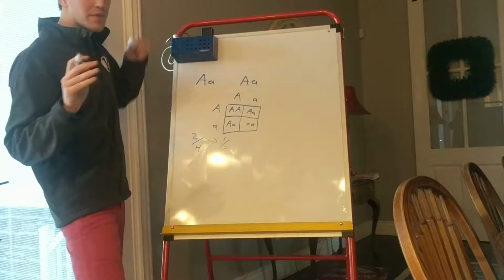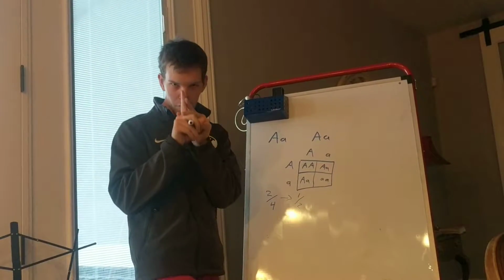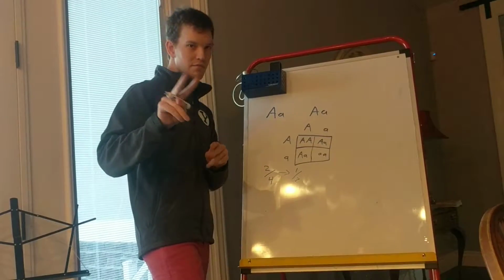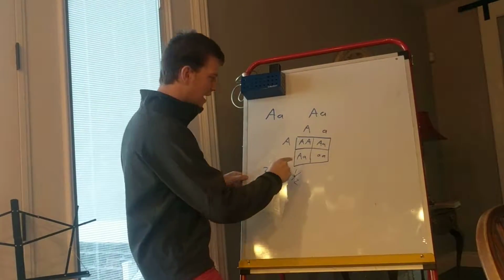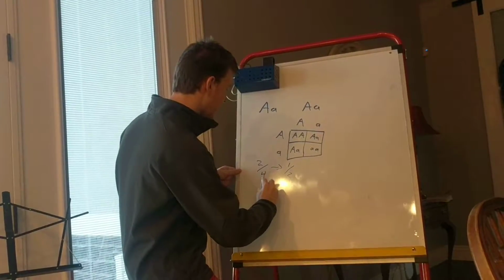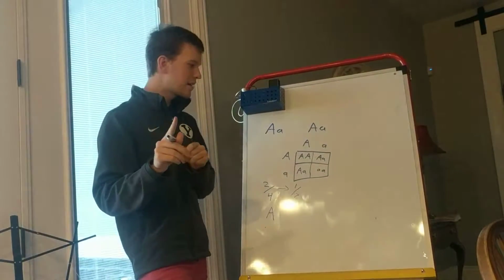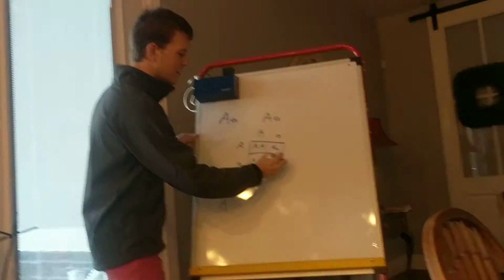Now, the problem here is that we have another piece of information, just one other piece of information. If we had more, that would be different. But we know the child has a big A first. We know they at least have one dominant allele, which means that we can eliminate this possibility.